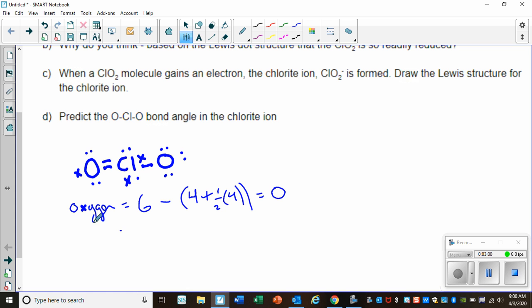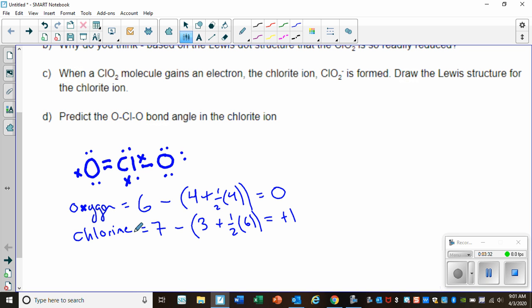For our chlorine, normally with the 7 valence electrons, we're just following the same process. How many electrons still really belong to this? So it has 3, and again, I get this is kind of strange, but plus 1/2 is currently involved in 3 bonds, so 1/2 of 6 electrons is also 3. So 7 take away 6 gives you a formal charge of plus 1.